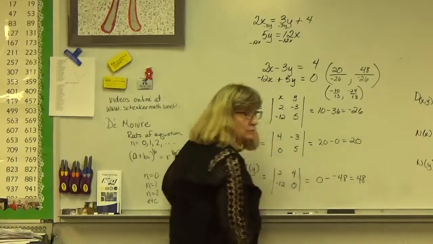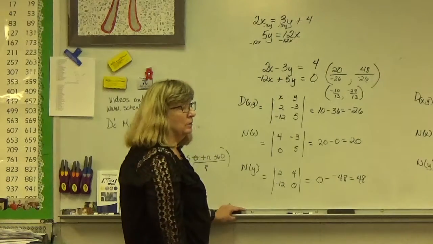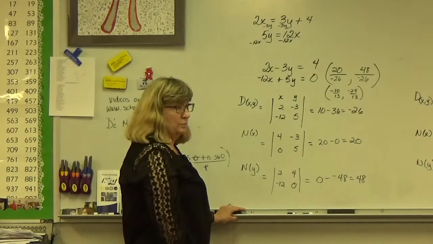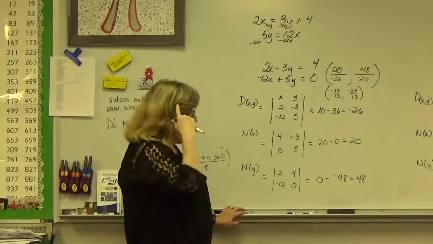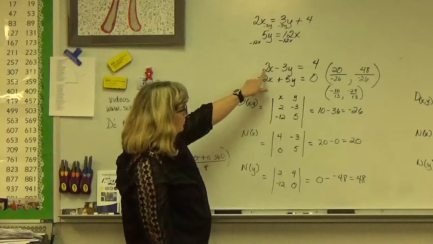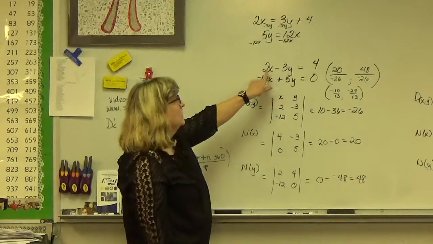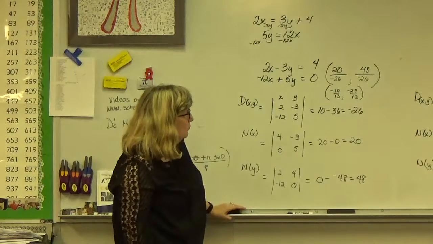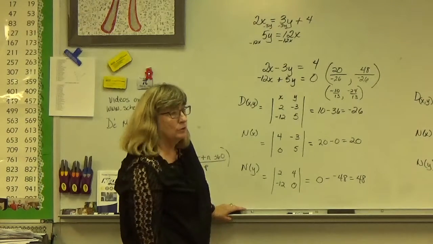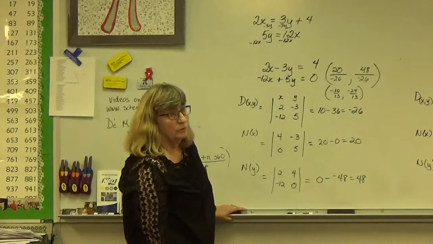Everybody agreeable with those answers? We just reduced them. And if you've got a calculator and you want to check it, or if you mentally want to check it, that first one, 2 times negative 10 thirteenths, well, 10 fraction key 13, minus 3 times negative 24 fraction key 13, hit equal, and hopefully it's 4.